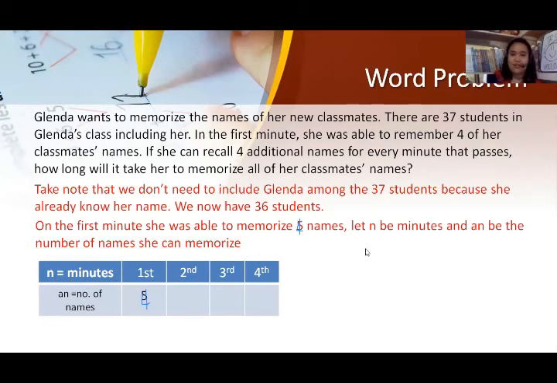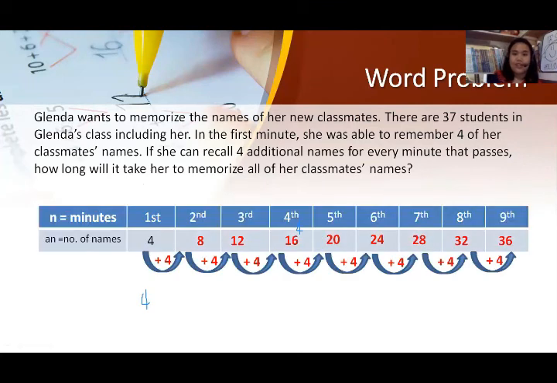So, let's try to go over. Okay, as you can see, here, we are adding now 4 for each minute. So, kung dun sa first minute na nag-memorize siya, meron tayong 4 names na na-memorize ni Glenda. On the second minute, dagdagan ulit ng 4.